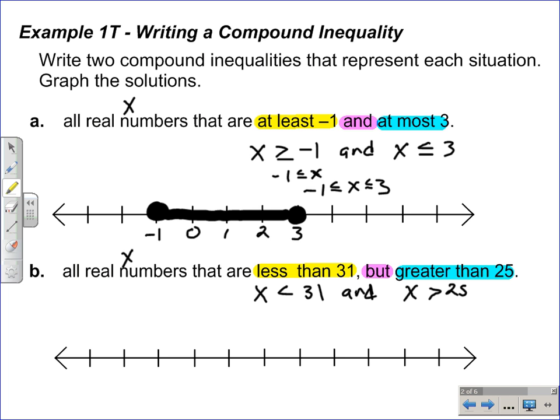The second part, greater than 25, translates into this math sentence. If we rewrite it as we did up here, with the smaller number on the left, 25 is less than x is less than 31, which implies again that the value of x has to be between 25 and 31.